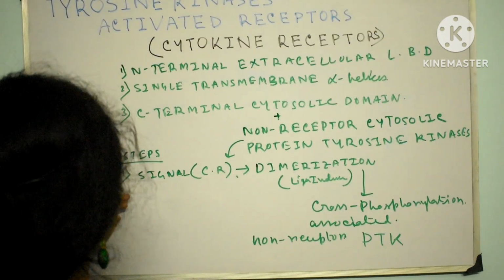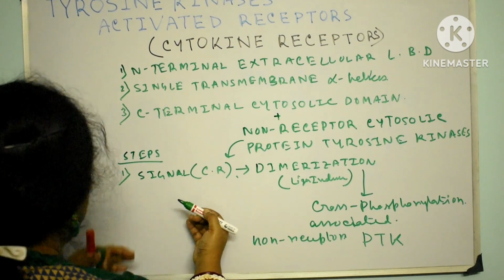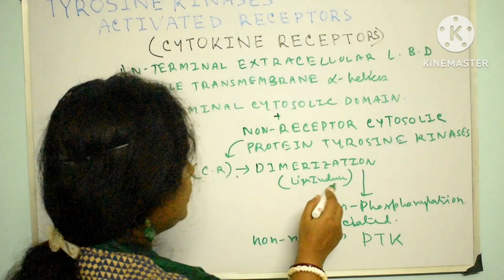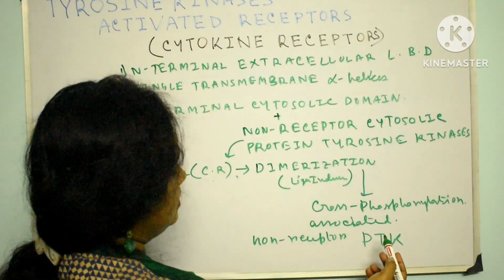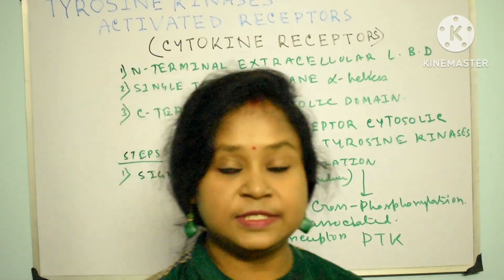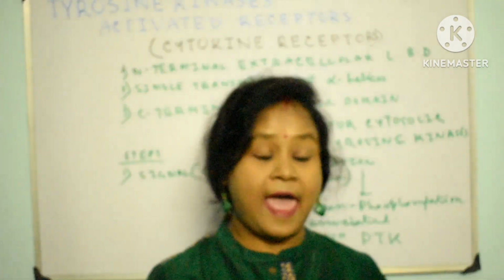So these are the steps. First step is signal from cytokine receptor, then dimerization induced by ligand binding, then cross phosphorylation between associated non-receptor protein tyrosine kinases.